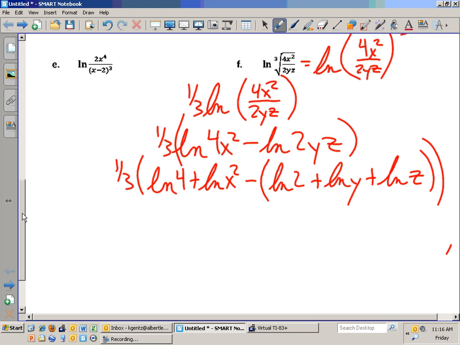You could write 1/3 in front of every piece here, but because the entire piece is being taken to the 1/3, that's why I brought the 1/3 out in front right away.